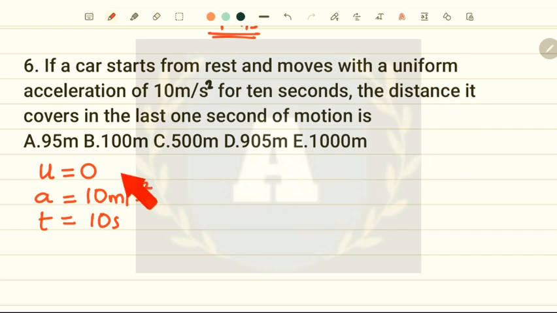What distance does it cover in the last 1 second of motion?